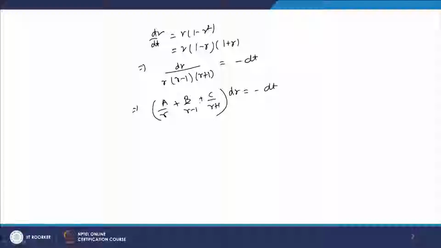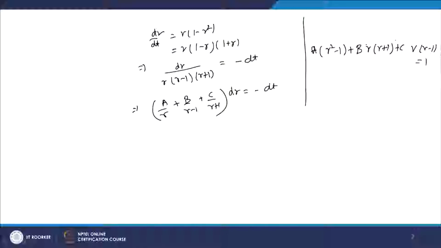I can simply give you the values, but if you want to verify, these two are the same. So, it means that a times r square minus 1 plus b times r into r plus 1 plus c times r into r minus 1 is equal to 1, and this is true for all values of r. So, in particular, by giving different values of r you can find the values of a, b, c.